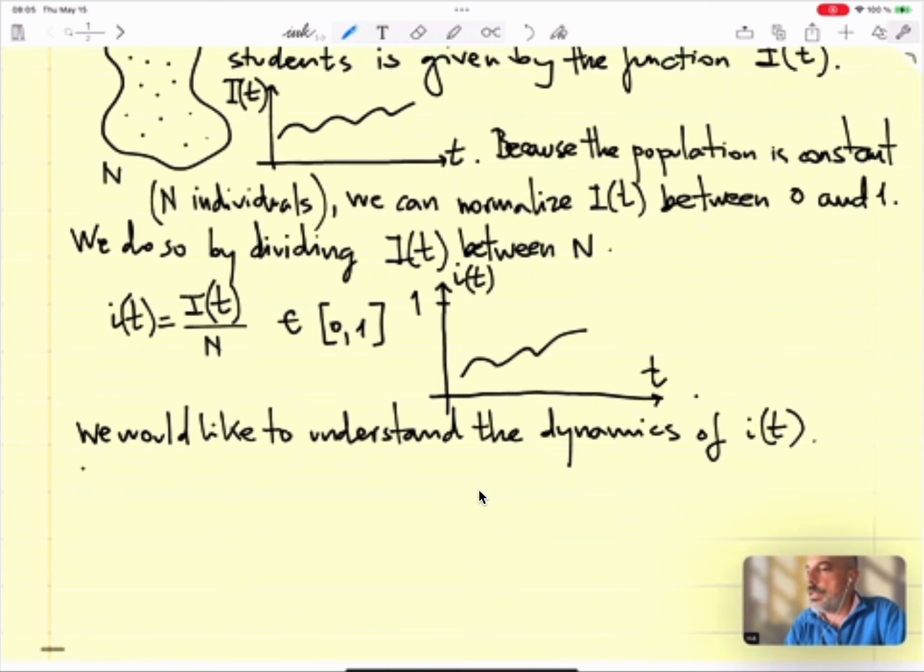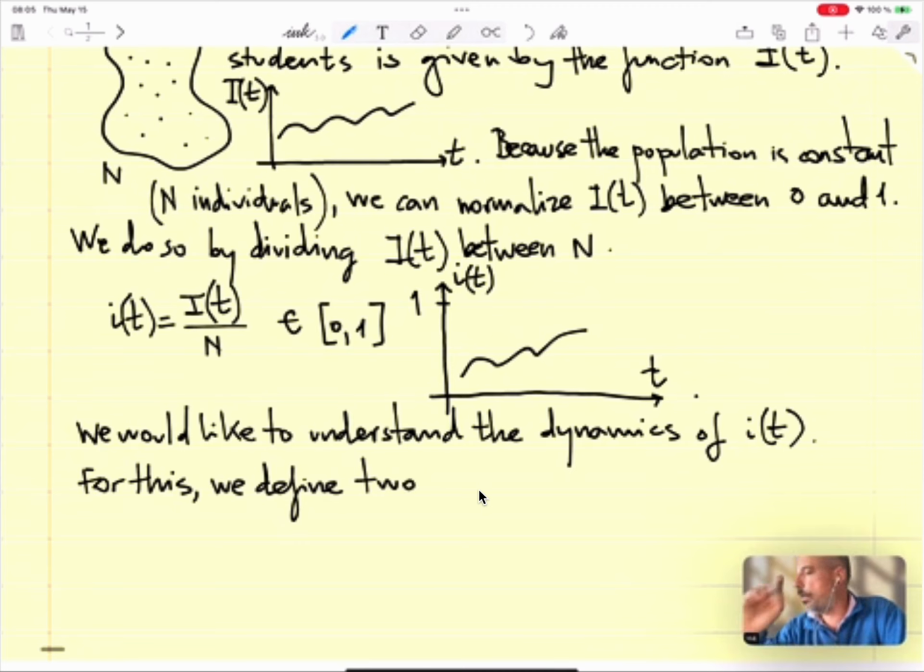For this, we define two processes. Process number one, infection.